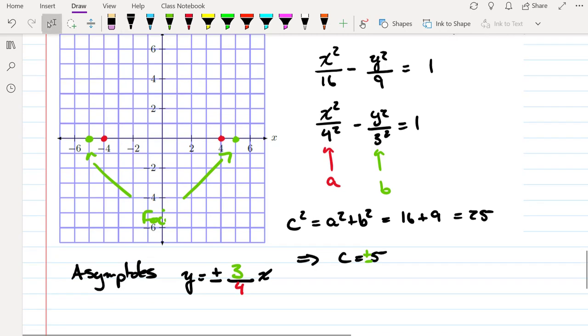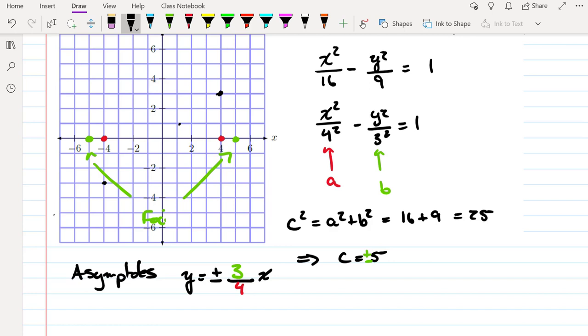So up 3 and over 4. So we go up 3 and over 4, left 4 and down 3. Let's see if I can do that better. So down 3 and over 4.